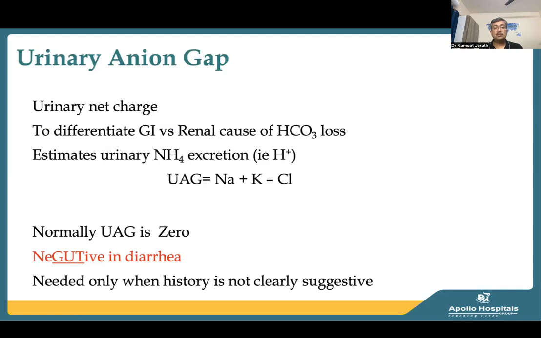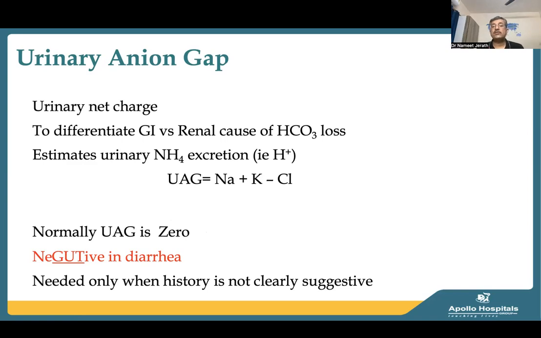We use this for our advantage to calculate the urinary anion gap, right? So urinary anion gap is the difference between the cations and anions which are excreted in the urine, and normally it is 0. But if there is a lot of bicarbonate loss happening from the kidneys or the gut, to differentiate that, urinary anion gap is very often useful.